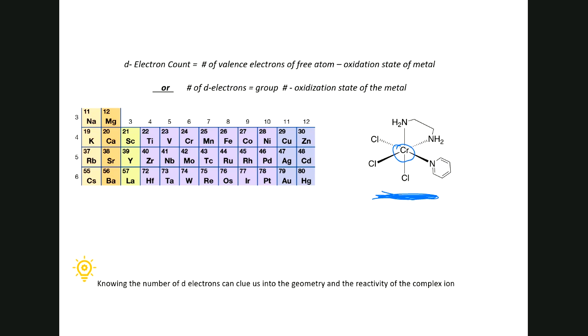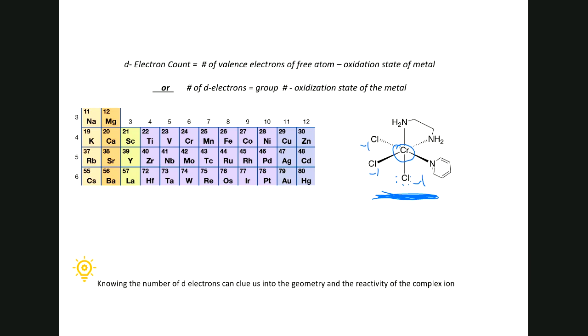So let's start with the easiest one to do here, our chloride ligands. We should know by now that chloride is going to have a negative one charge associated with it. So each one of these is going to be -1, right? The difficult ones now are the ethylenediamine ligand and the pyridine ligand.